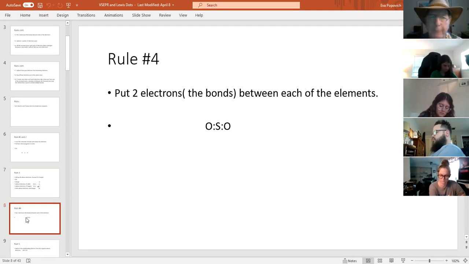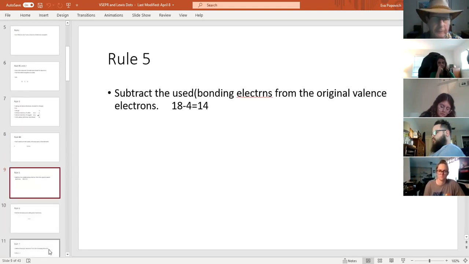Rule 4, I have to put 2 electrons between each of the elements. Those are my bonds. I started off with 18. I've just used up 4 of them. So I have 14 left. Subtract the bonding electrons from the original amount of valence electrons. I have 14.